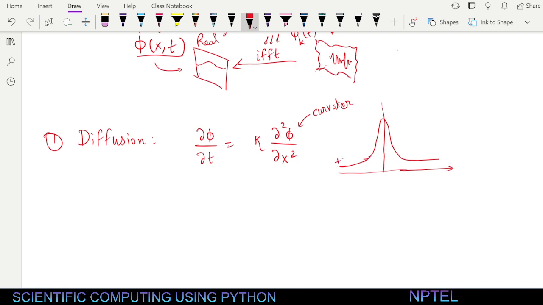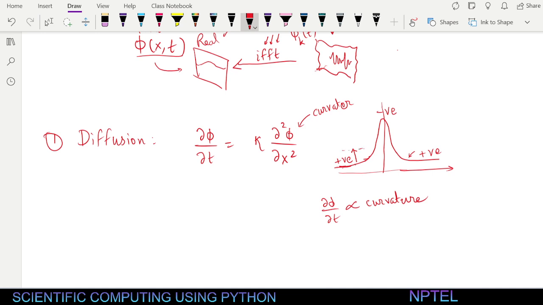So here it's positive curvature, here it's negative around the peak, and then again it's positive around this region. And del phi by del t is proportional to curvature. So if it's positive here, that means it's going to increase, right?